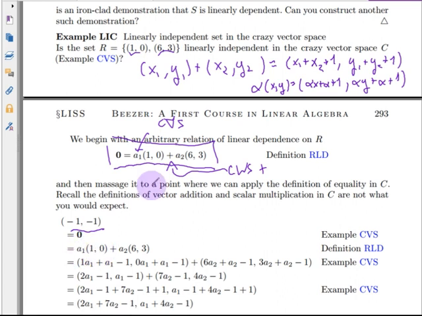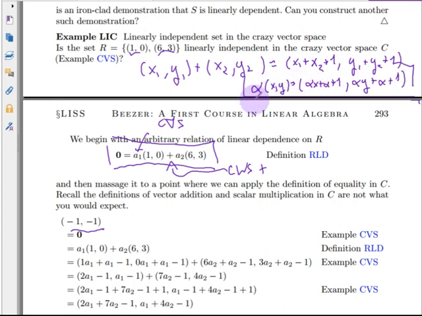Here's our linear combination. Let's do the rules. A1 times the vector 1, 0 is according to this rule here. Let me make sure I've got this right. Okay.